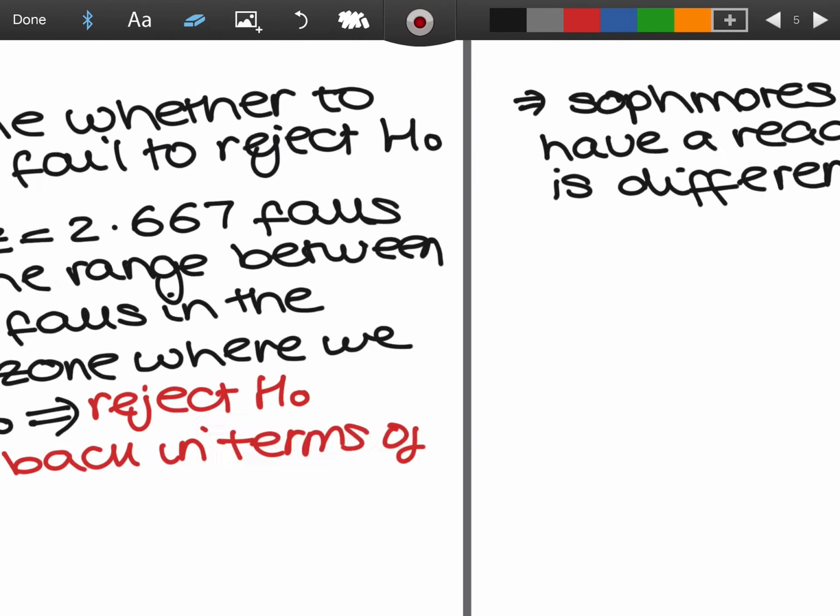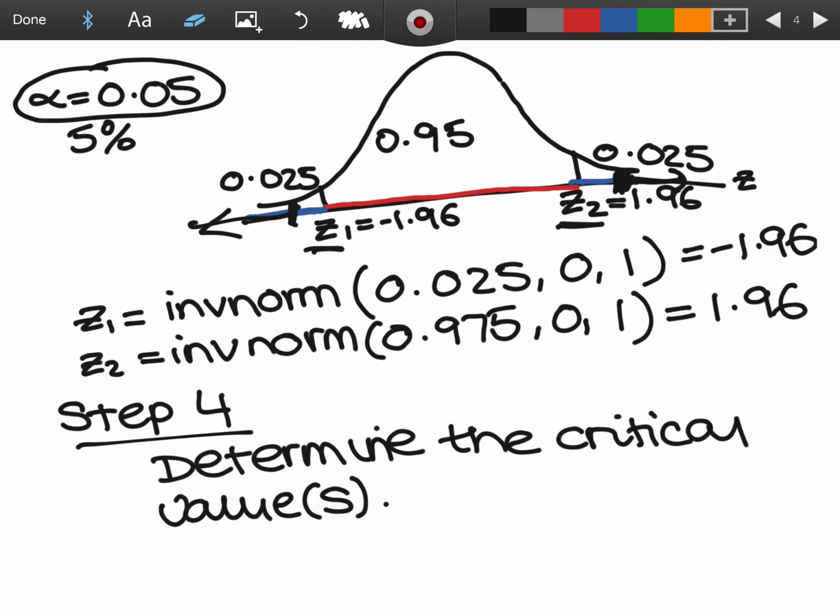Come back to this example here. If we look at this example, the area under the curve to both the right of the test statistic and to the left of the negative of the test statistic, because we've got a two-sided test here, so we've got to deal with both sides and being at least as extreme on both sides.